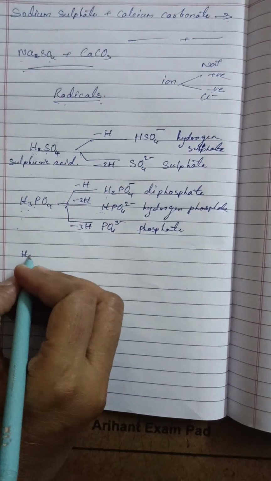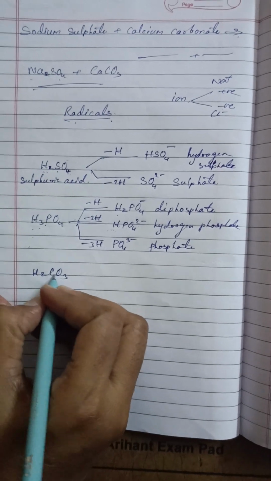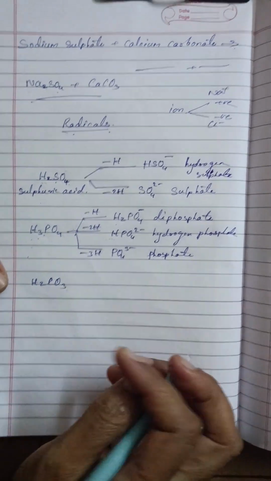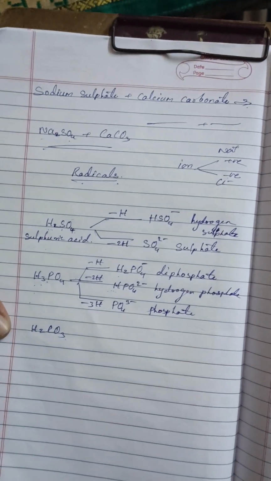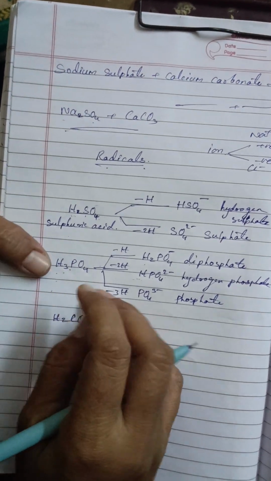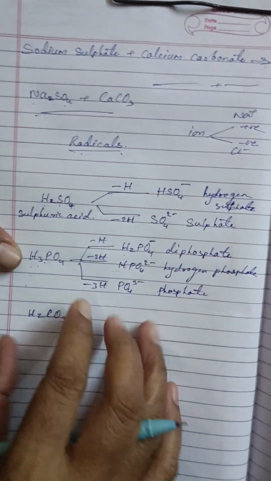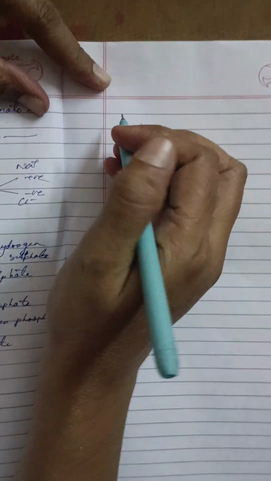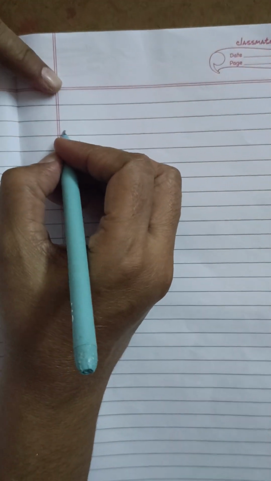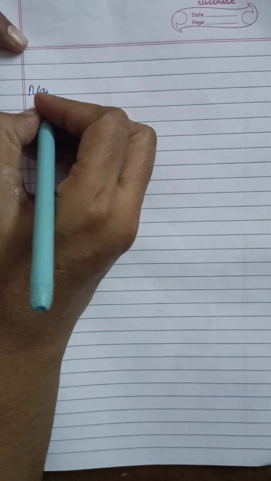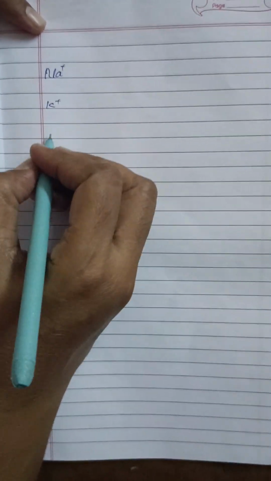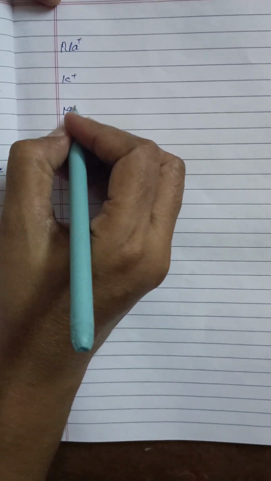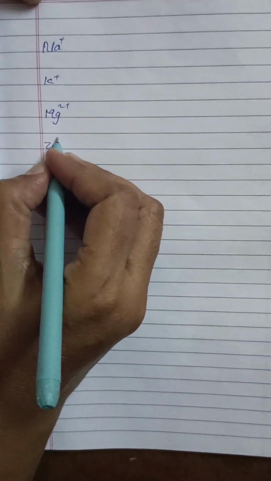Like with H2CO3, you do it. Make the radicals of H2CO3. That will be read as carbonate and hydrogen carbonate. Now, by taking these radicals on one side and positive ions on the other side, we can write as many formulae as we can. Let us take Na plus, K plus, or Mg2 plus, or zinc Zn2 plus.